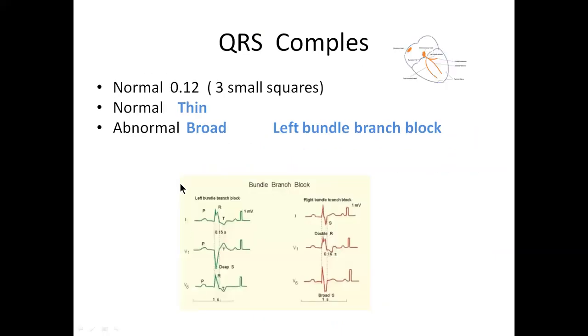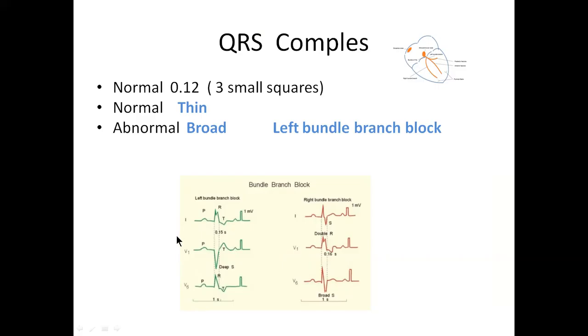So, in this situation, we commonly look at lead 1 and V6. If there is a left bundle branch block, what we see is a broad, wide QRS complex in lead 1 and a similar pattern in V6.